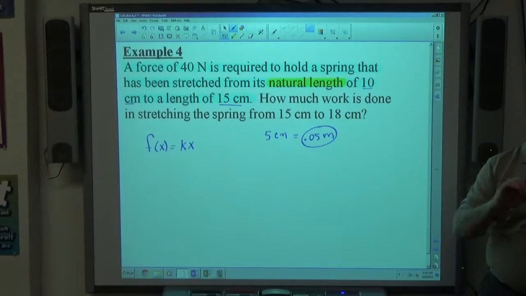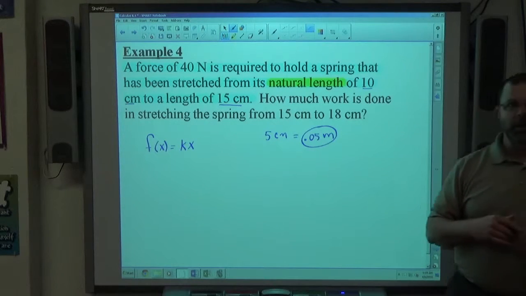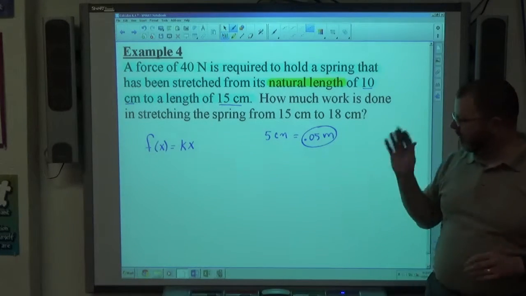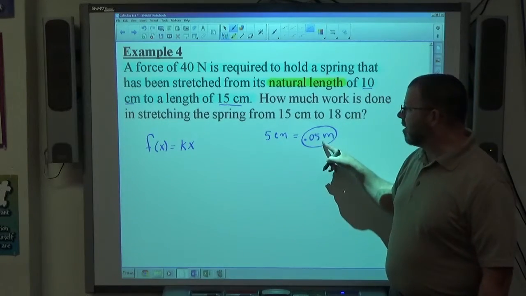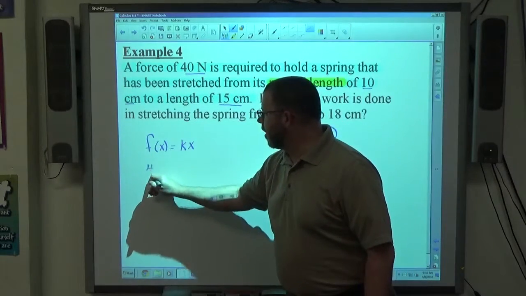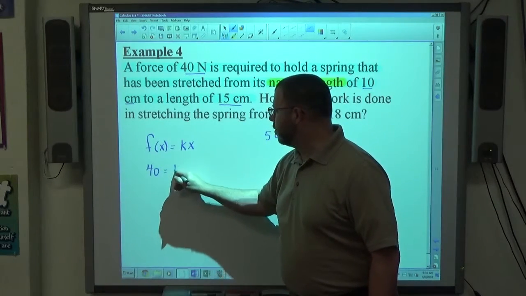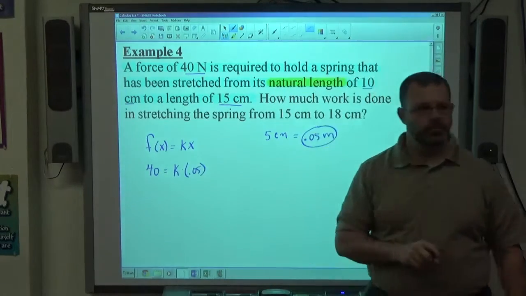If you get a repeating decimal on a pound problem, give me fractions rather than repeating decimals. They're more accurate. So the amount we stretched is 0.05 meters, and the force required is 40 newtons.